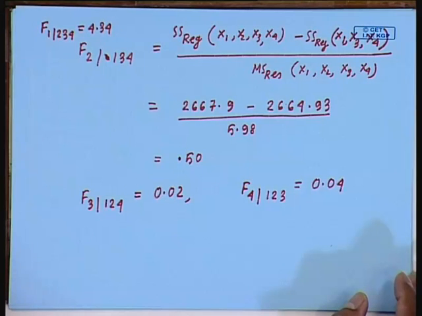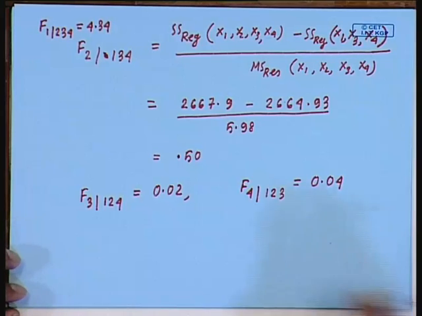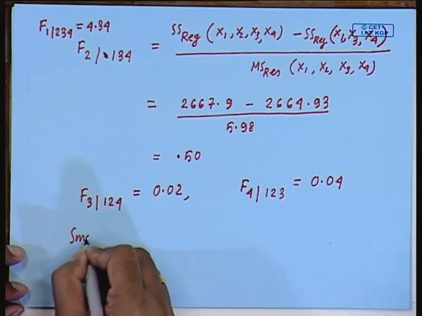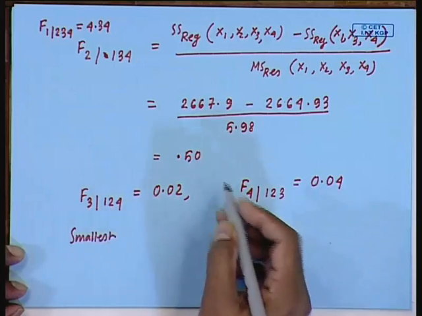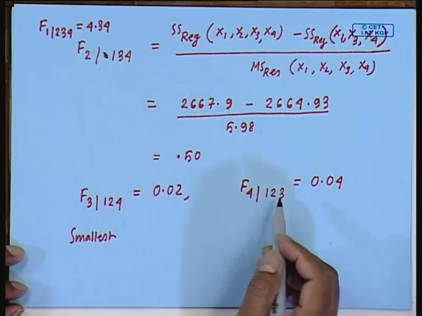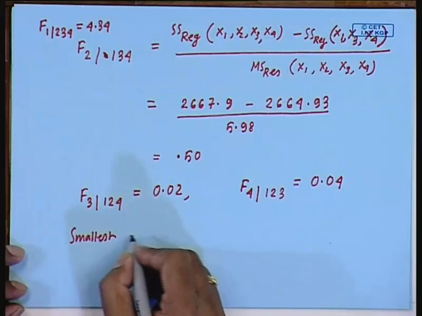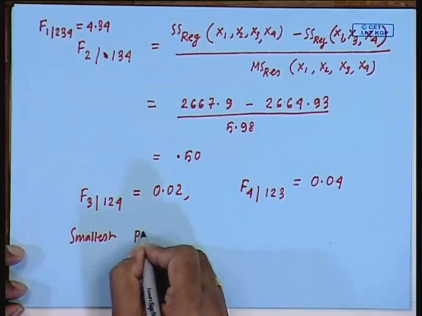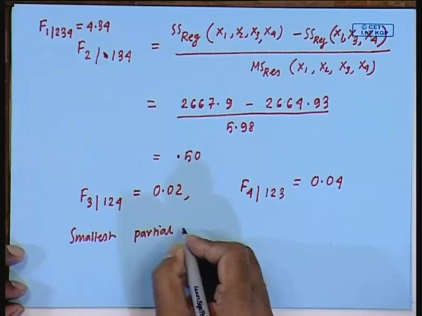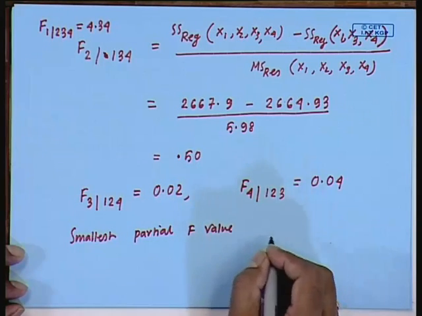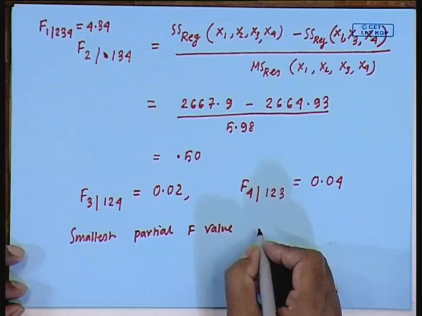Now we have to see which one is the least significant. Because we want to remove one regressor, the least significant regressor from the model, that is why we look for the smallest partial F value. Which one is the smallest?